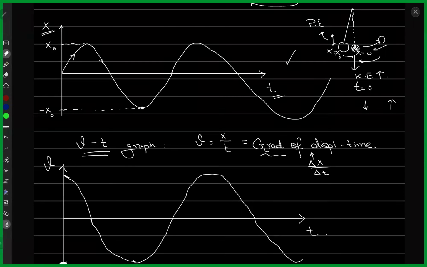Gradient is... yes, exactly, Hasib. So if the displacement time graph is a sine curve, then the velocity time graph would be the cos curve. And the reason for that is what I'm getting into right now, because I have defined velocity time graph as the gradient of the displacement time graph, which is how it is.